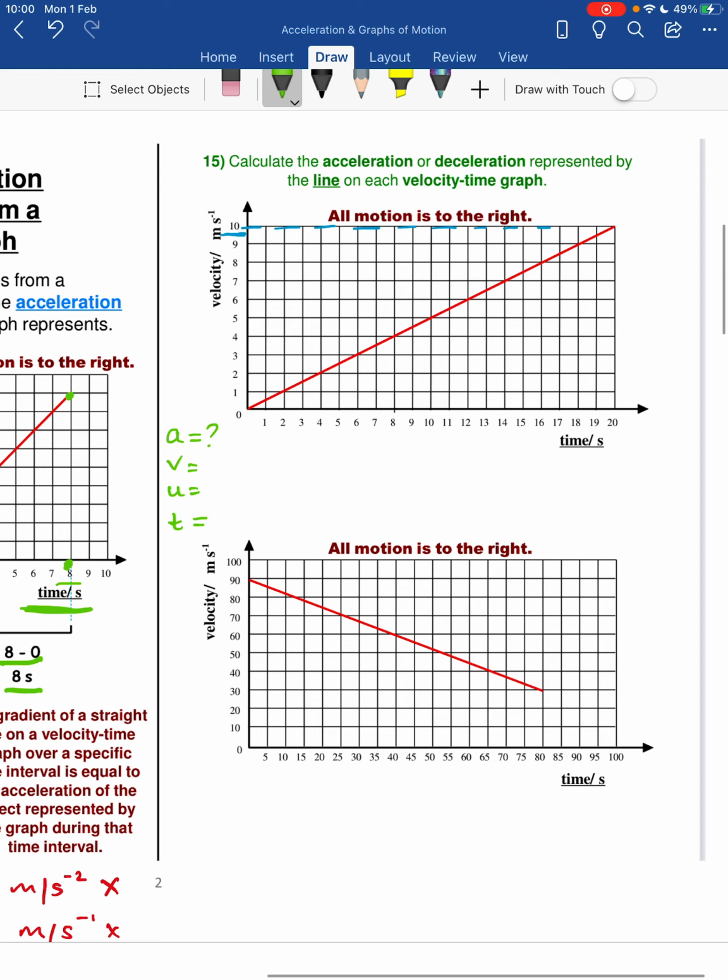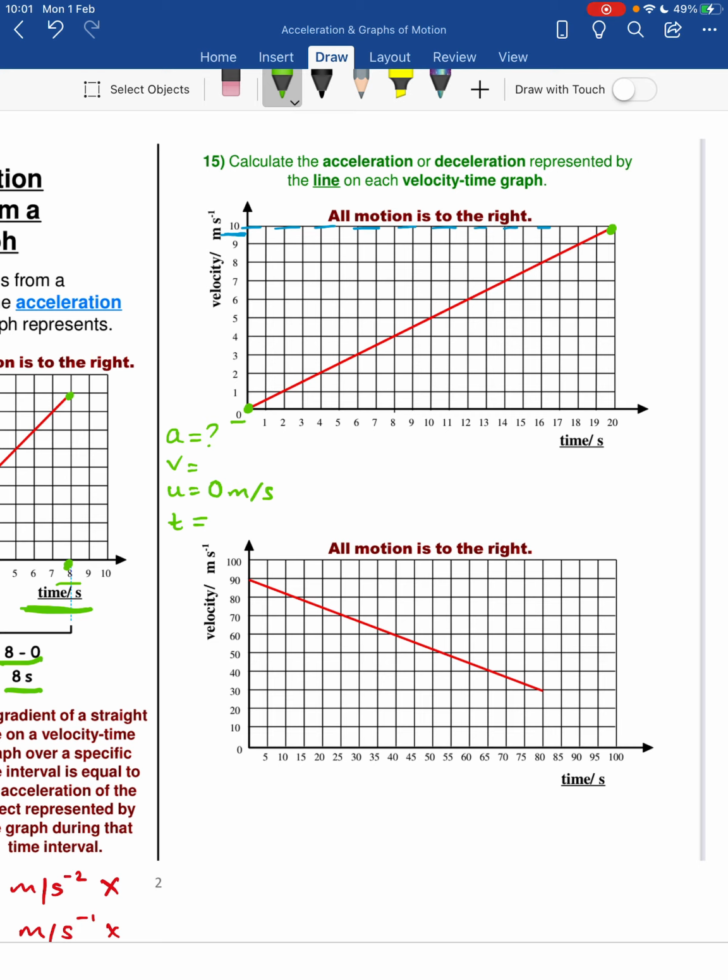Next step, on the graph, mark where the line begins and mark where the line ends. It's always going to be a diagonal line, either upwards or downwards, to show us acceleration. Where the line begins is at 0 meters per second, so that can go in next to u.